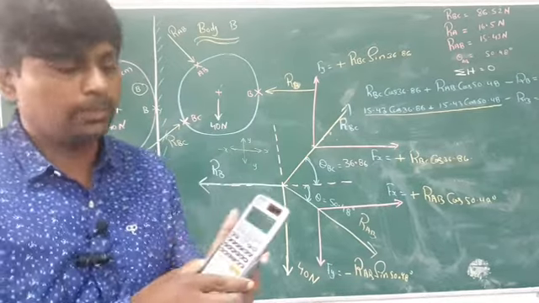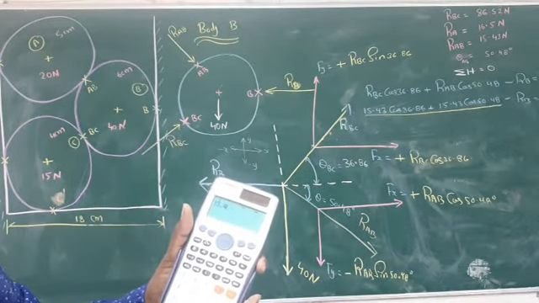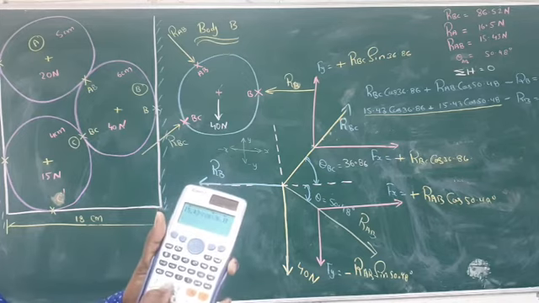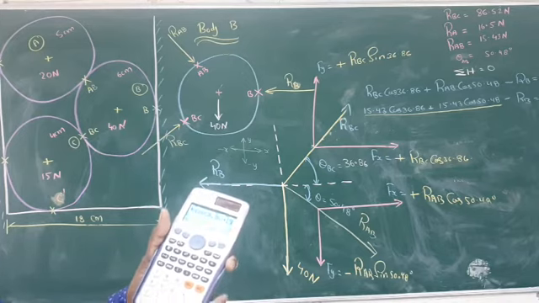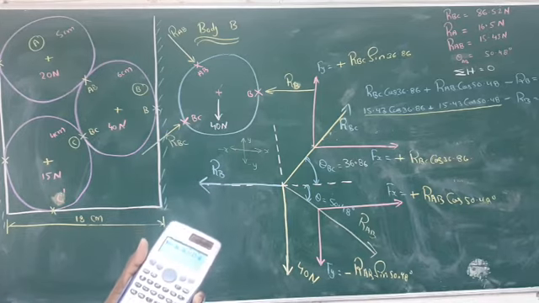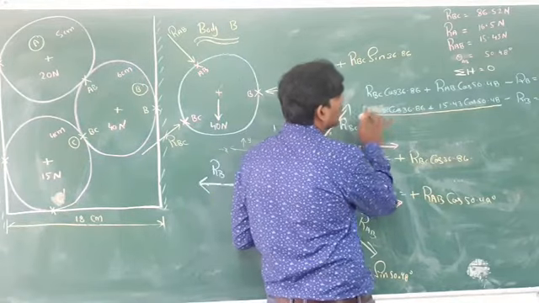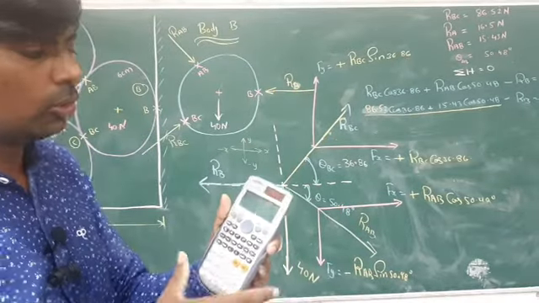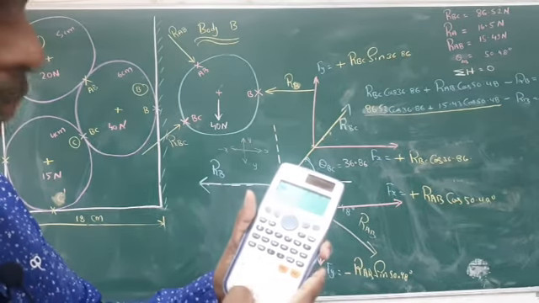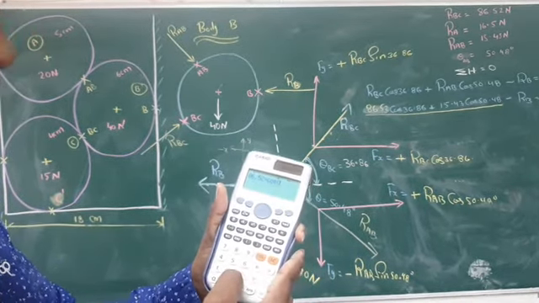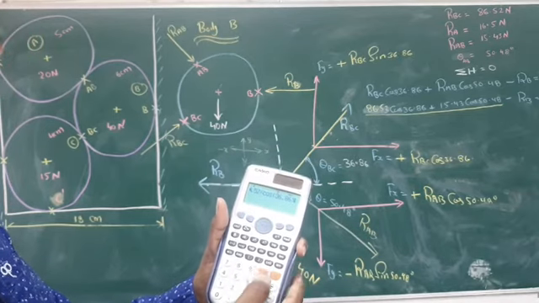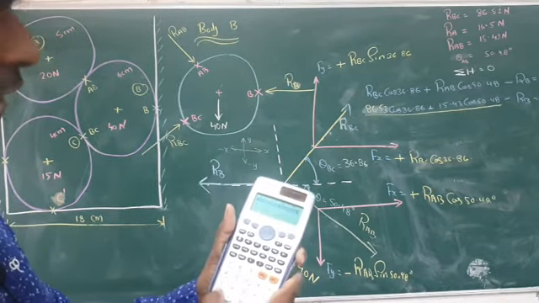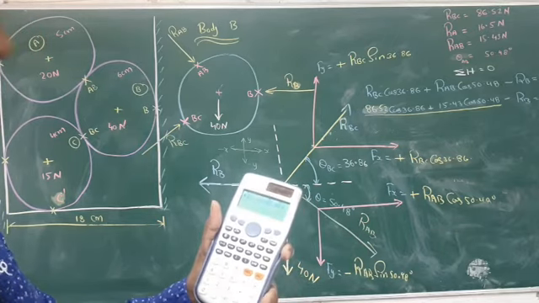First the RBC value you have to write, 86.52 into cos 36.86, close the bracket, then plus 15.43 into cos 50.48, close the bracket here. How much did you get?